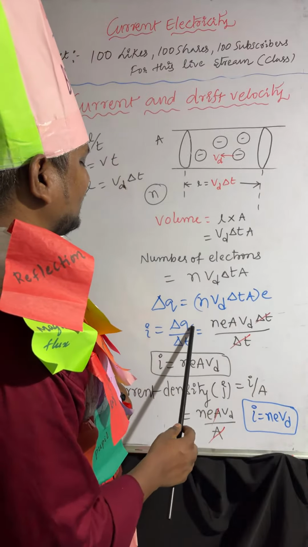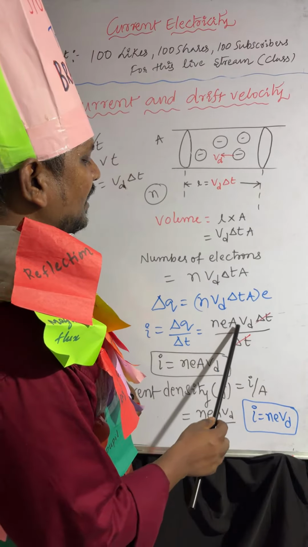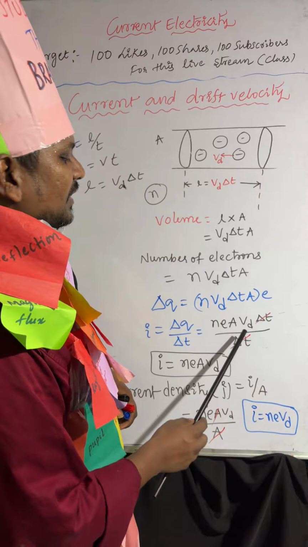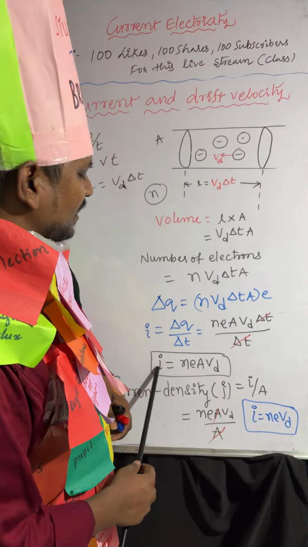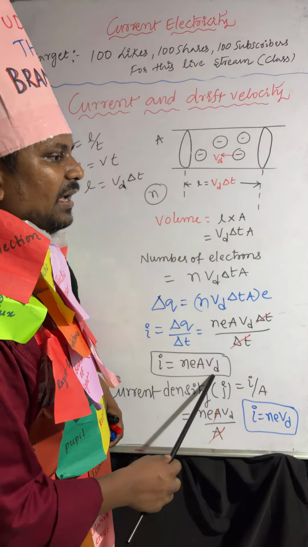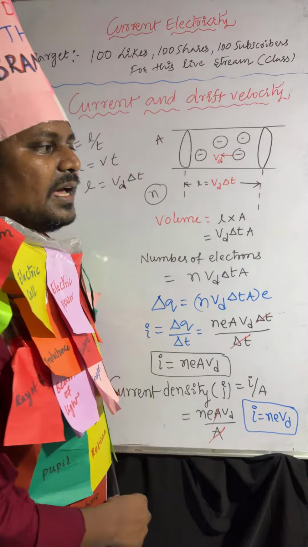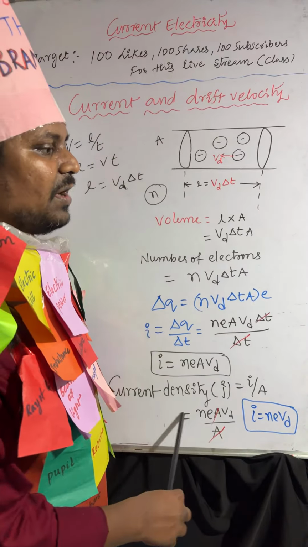I equal to delta Q by delta T, n e A Vd delta T. So delta T gets cancelled. I equal to n e A Vd. So coming to the current density, what is the current density formula?